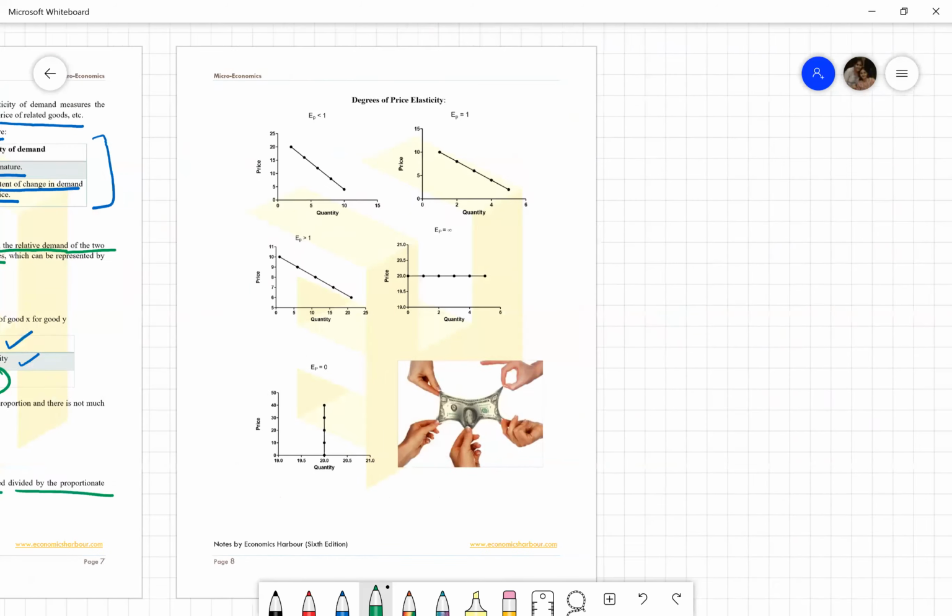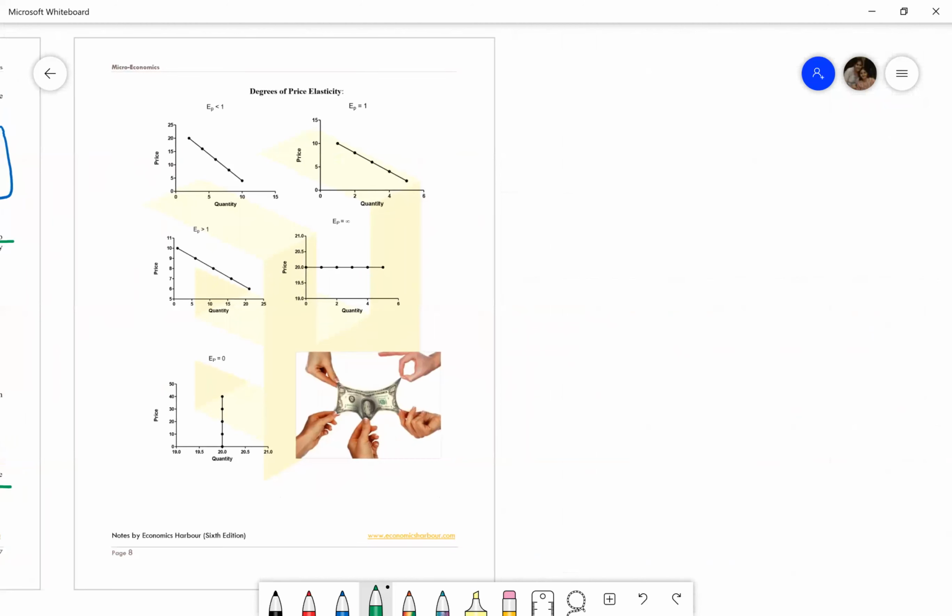Coming on to the shapes of the curve. So what are the degrees of price elasticity? Now, first, the easiest way is that price elasticity can be 1. It can be unitary price elastic. In this case, the proportionate change in quantity demanded is equal to the proportionate change in price.